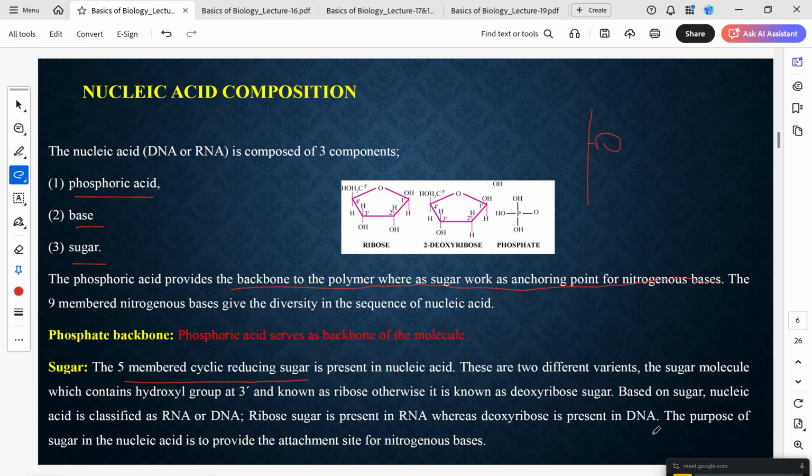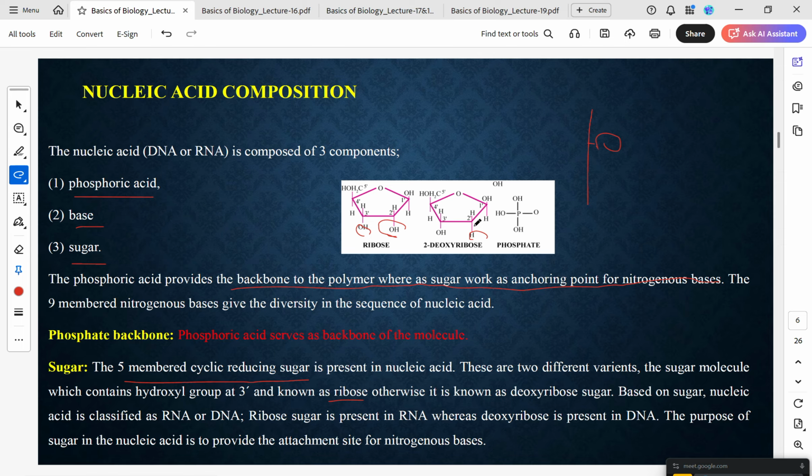There are two varieties in terms of the sugars. In case of nucleic acids, they can be either ribose, where there is a hydroxyl group present at the 3' point, or it can be at the 2' point, or it can be deoxyribose, where the OH group is replaced by an H group.